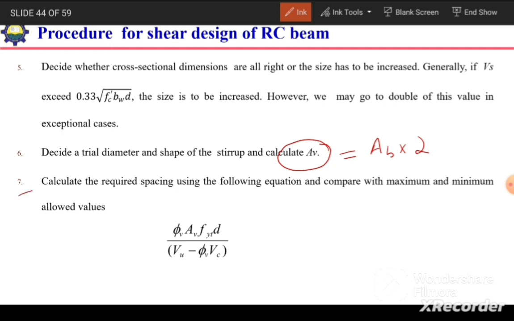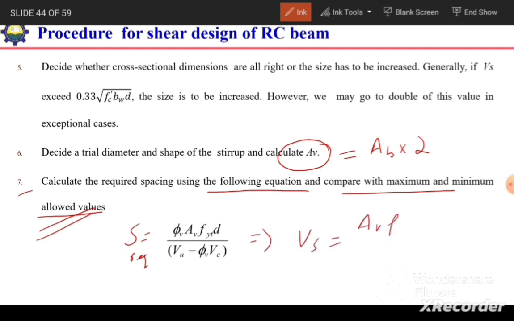Okay, the next step is to calculate the required spacing using the following equation and compare it with the maximum and minimum allowed values. We can see the maximum and minimum allowed values from the code, as we have discussed in the previous videos. To calculate the required spacing, we can use this expression: φ Av fy d over (Vu minus φVc). This actually comes from Vs equals Av fy d over s.